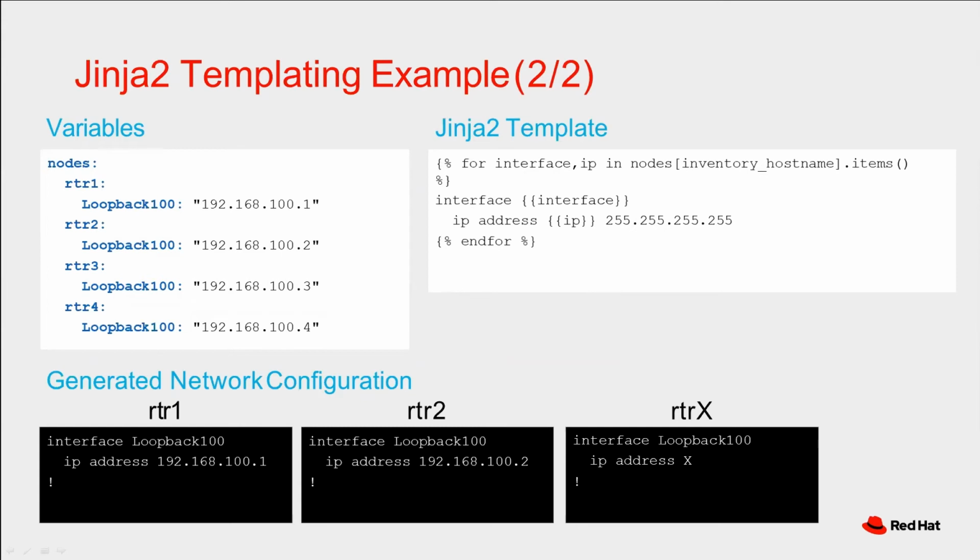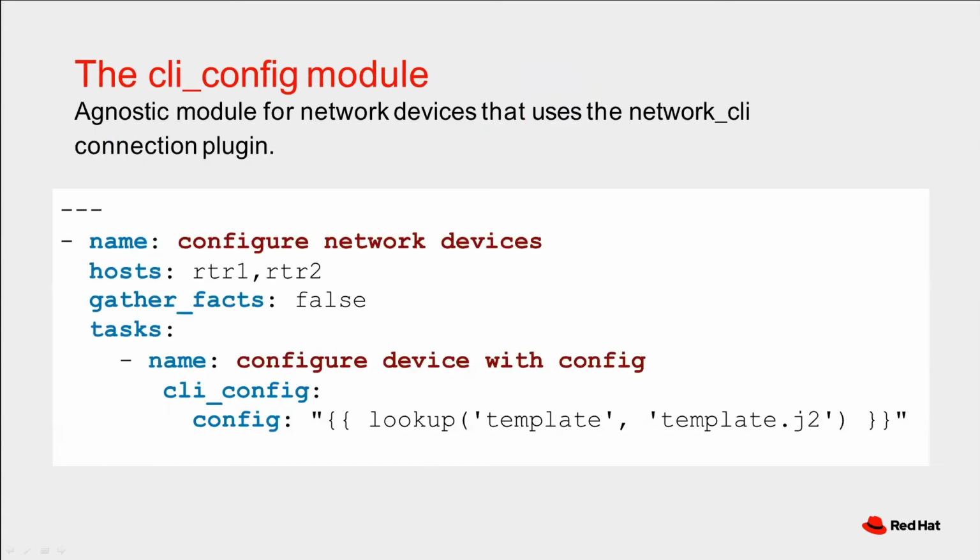So we could really use a Jinja 2 template for anything that has a configuration file. So if you were to think about a web server, routers, switches, anything that has a configuration that follows some sort of syntax, we can use Jinja to template that. And so when we use this with the cli_config module, like I said, this is an agnostic module that will select the correct vendor specific module.